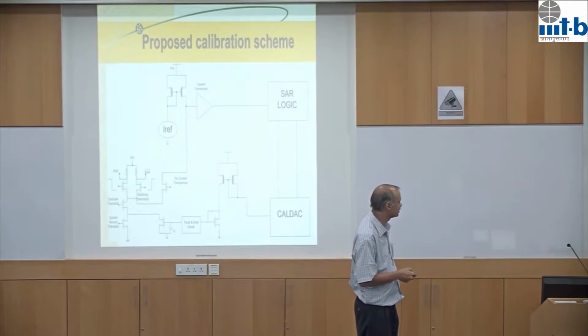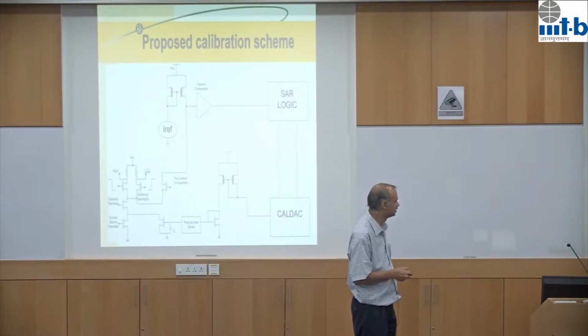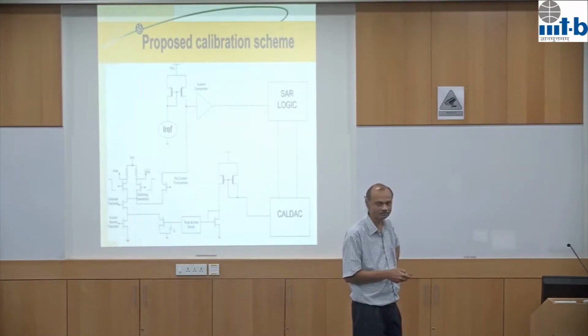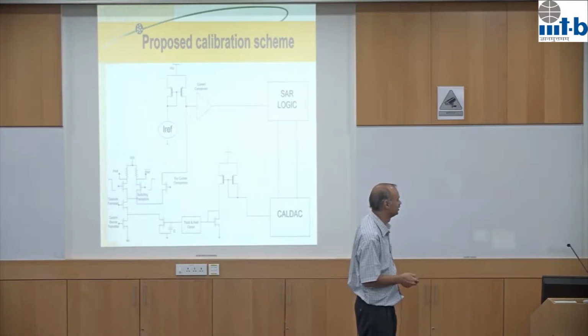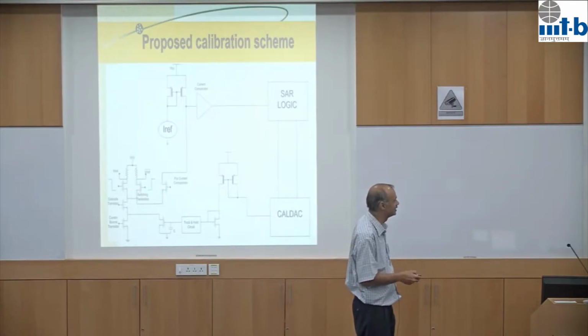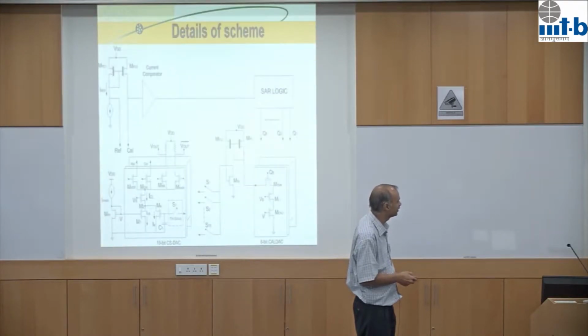The current source I is only this; the rest of it is all calibration. This is a capacitor that will save the value. This is the cal DAC. This cal DAC and the SAR are common for all current sources. There are current reference sources here. This is a more elaborate description of the same scheme.